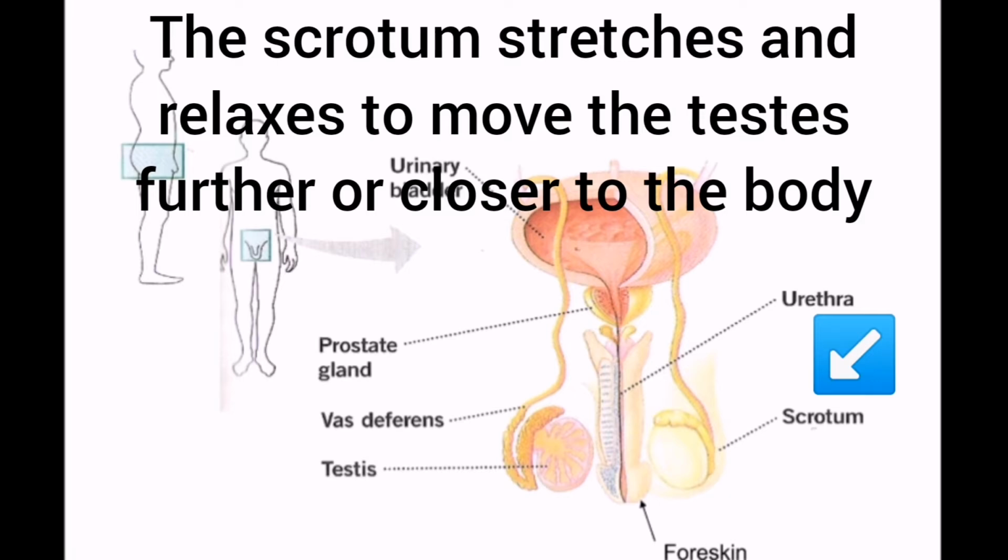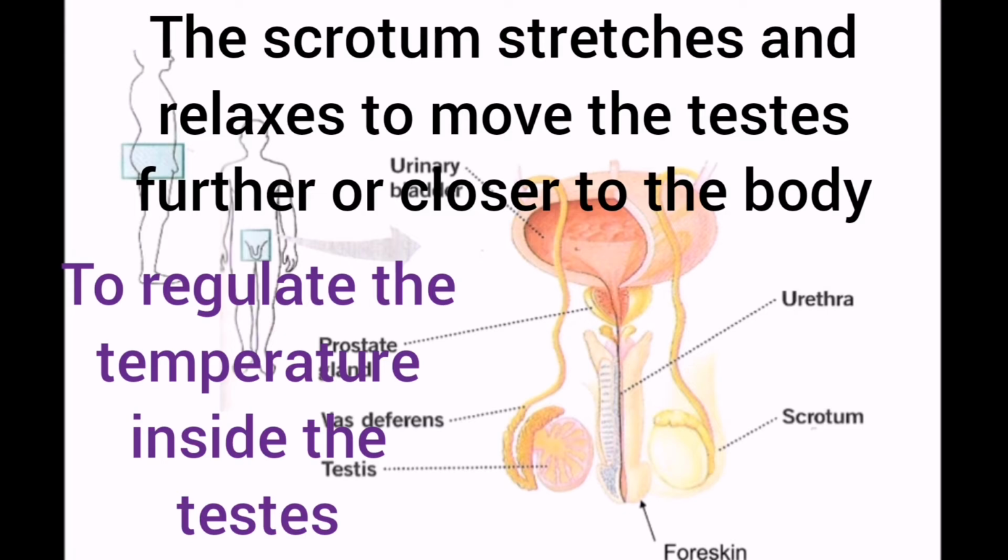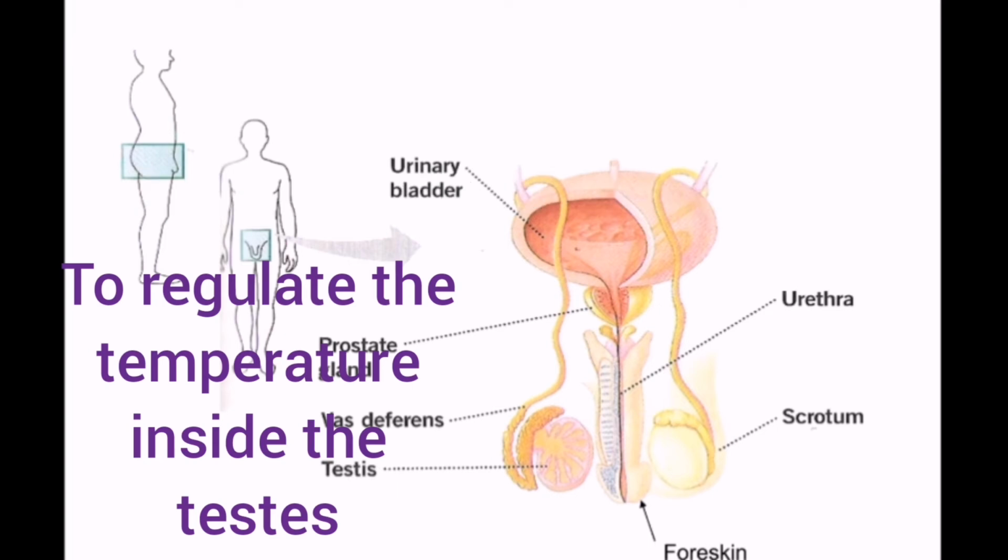The function of the scrotum is that it regulates the temperature of the testes inside, which means if it's a very cold day, the scrotum will constrict, or it will pull the testes closer towards the body, so the testes heat up a little bit. If it's a really warm day, the scrotum will relax, the skin will become more stretched, and the testes will hang further away from the body, because then the testes will cool down a little bit.